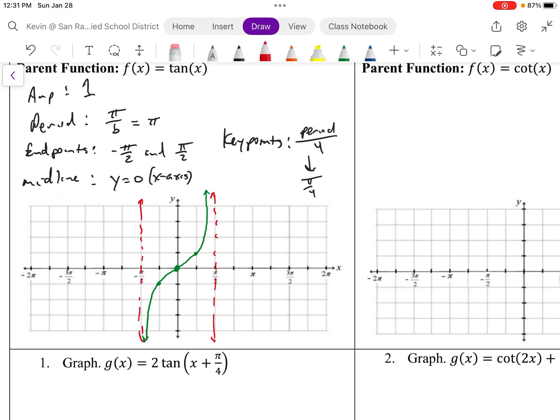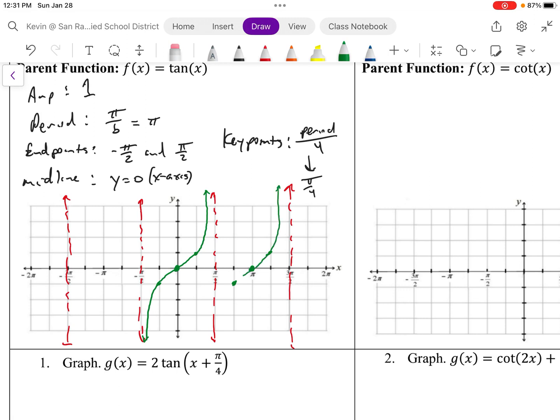Now again, we can go out here and keep drawing it out. We could make another asymptote here, and another asymptote here. And then we could draw these out here, here, here. So it's always that middle point, and then 1 to the right, 1 to the left, plus 1, minus 1. Now, if the amplitude changed and it was 2, then we would be looking at it up here, but we'll get to that later.